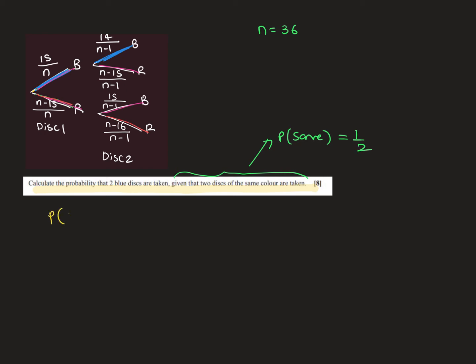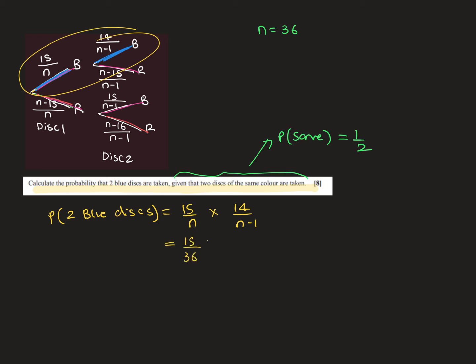So the probability that we get 2 blue discs is going to equal 15 over n multiplied by 14 over n minus 1. You can see I'm following these two lines on the tree diagram. So that's 15 over 36 multiplied by 14 over 35, which gives me a probability of 1/6.